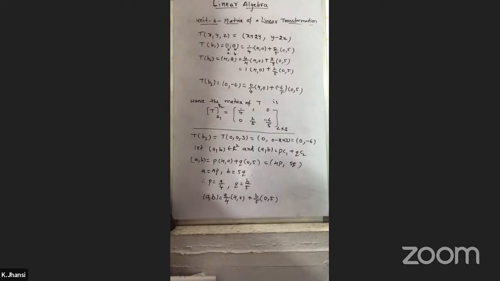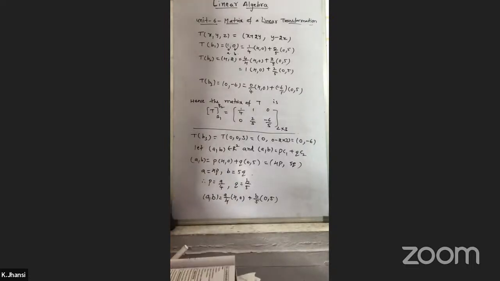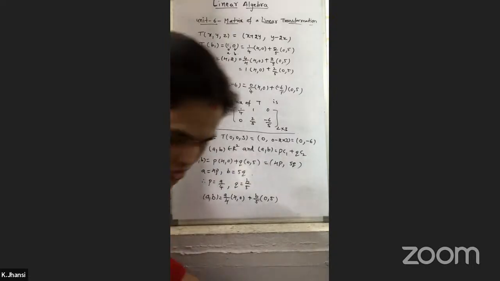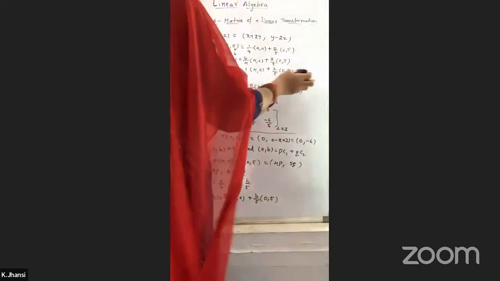Non-singular means if the determinant value is not equal to 0, then we call that matrix a non-singular matrix. Whenever it is non-singular, we will find the inverse of the matrix. So conditions will be there. Try to glance at the definitions of matrices.